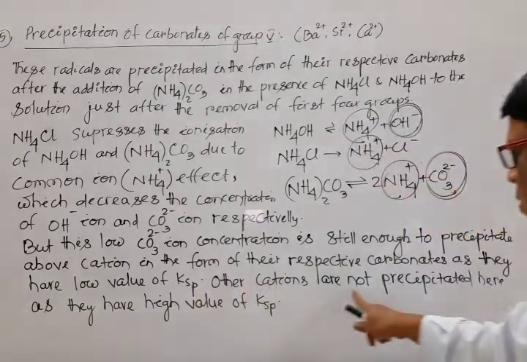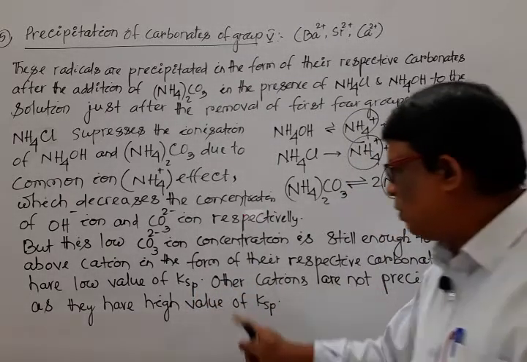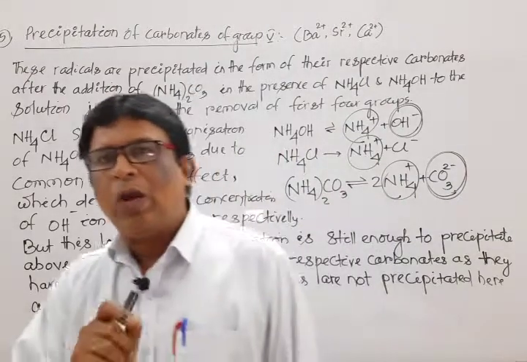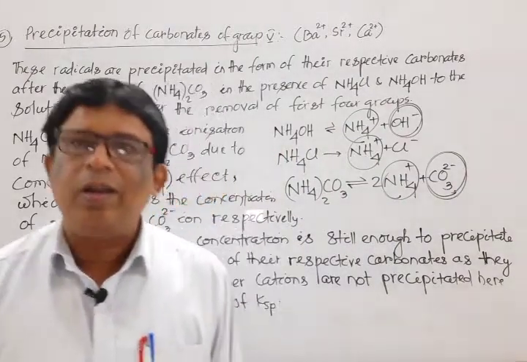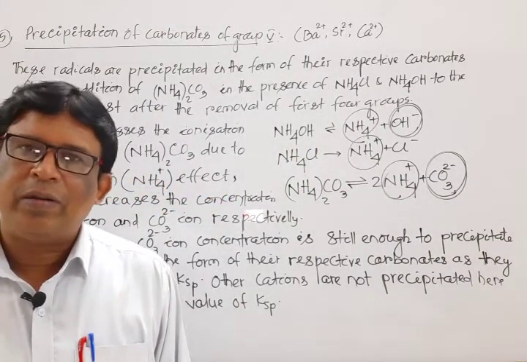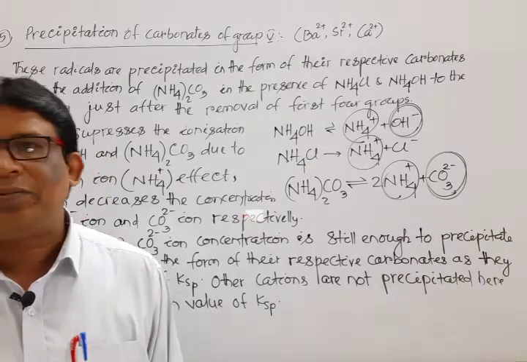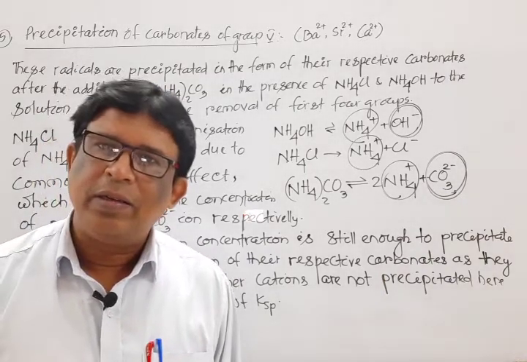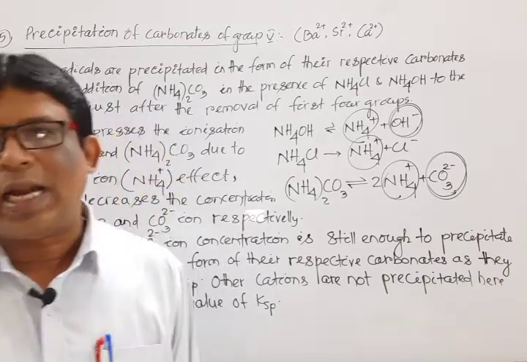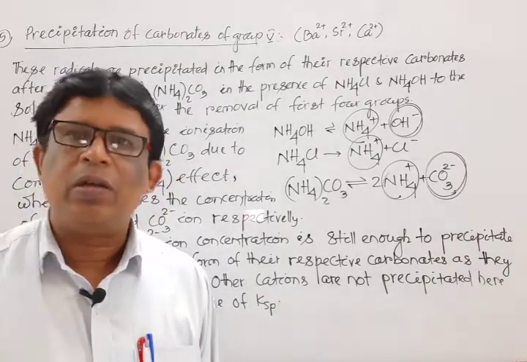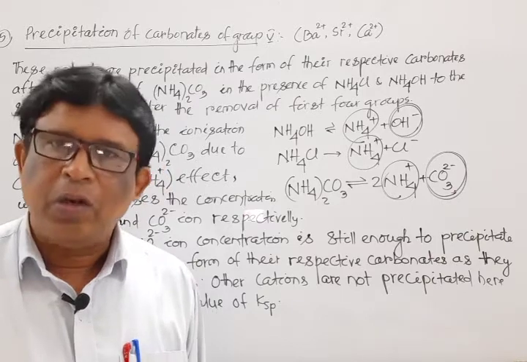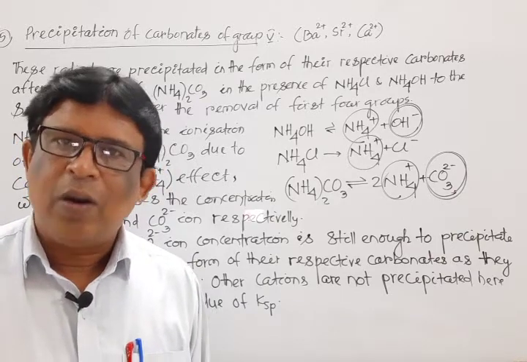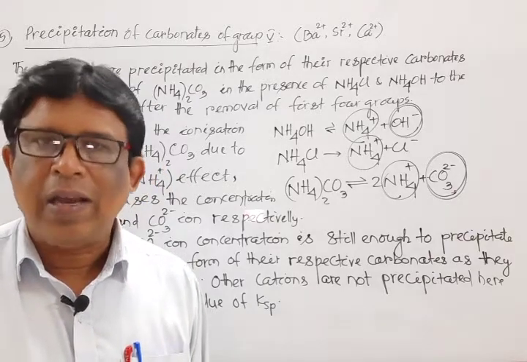On the other hand, other cations are not precipitated here because of a high value of solubility product or a low value of ionic product. It is all about the application of the common ion effect for salt analysis and also the application of solubility product. It is all about the chapter ionic equilibrium.